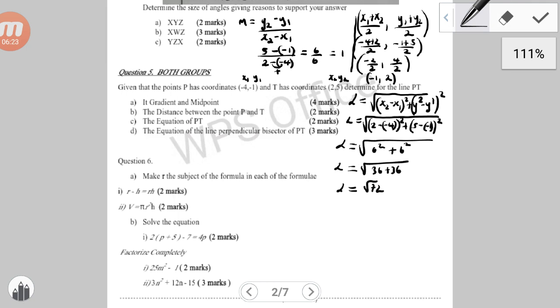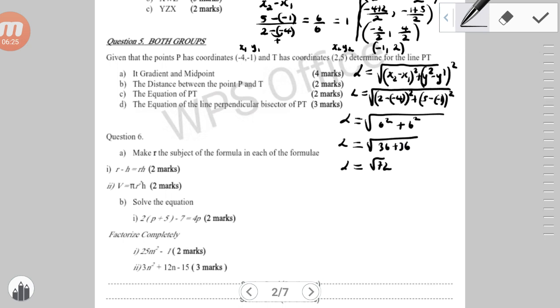You can write this in terms of units. Use your calculator to find the square root of 72. At times, CSEC will ask you to express it in surd form. This question didn't ask for surds, but in the event that you wanted to express this in surds, then you'd have the square root of 36 multiplied by the square root of 2, which would be 6 root 2.